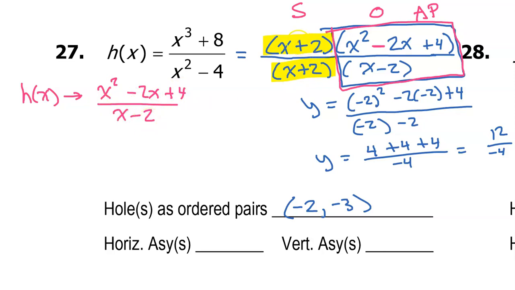We can definitely ignore the x plus 2's that cancel out as we approach infinity, because we're nowhere near the hole, which is the only thing that we have to worry about. Now we can ask ourselves what matters most in the numerator and in the denominator. In the numerator, this is the term that matters most. We can ignore the rest.